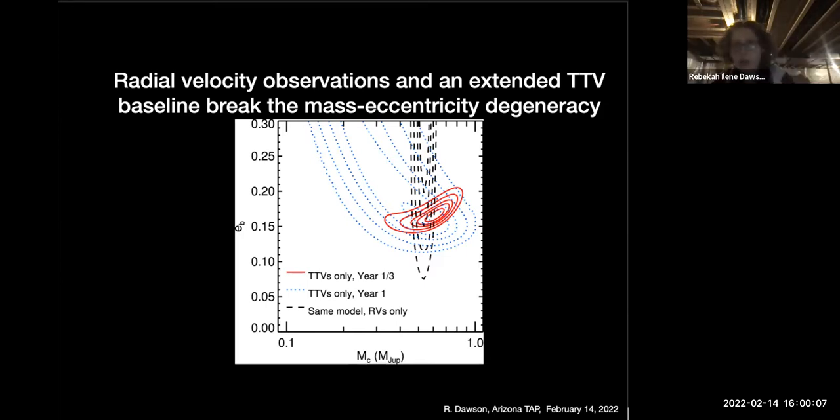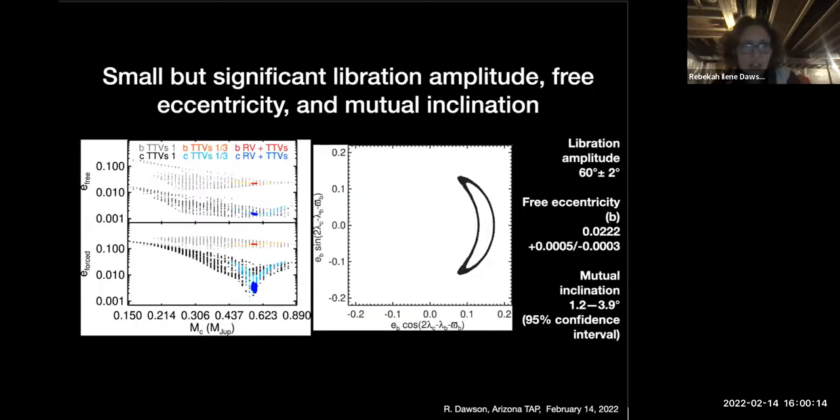So when we put all of these things together, we get a system that's characterized in excruciating detail. I'm now plotting on the left the eccentricity versus semi-major axis, where the little clouds of blue and red points are like the final fit with all the data set. You can see we've really honed in on what all the orbital elements are. And this is going to let us really understand the resonant behavior a lot better.